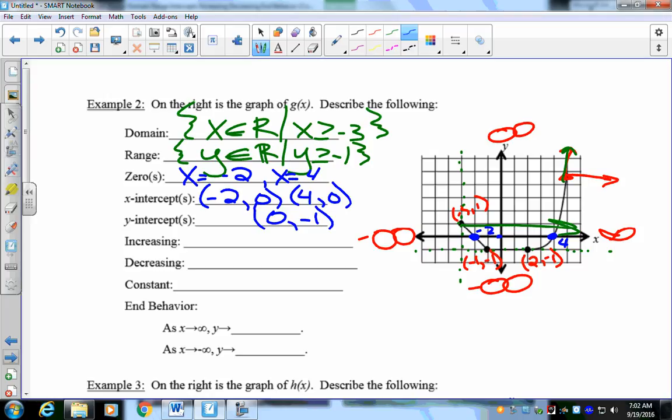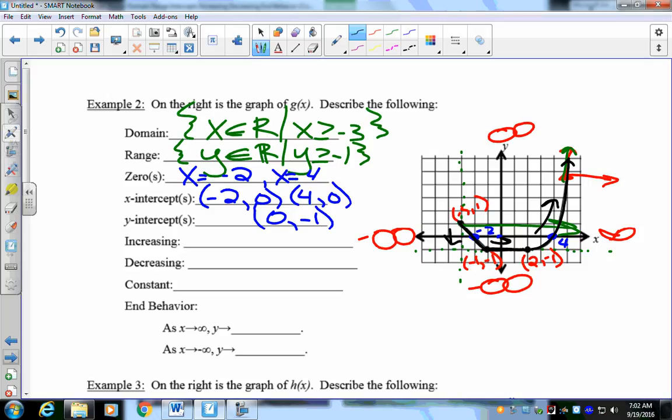Okay, new stuff. Increasing, decreasing, constants. So my graph, what is it doing? Okay, let's take a look one section at a time. If I'm tracing it like this, which way am I going? I'm going down. Here I have a constant, and then here I'm going up. Yes, it's going at different rates throughout, but it's still in an upward trend.